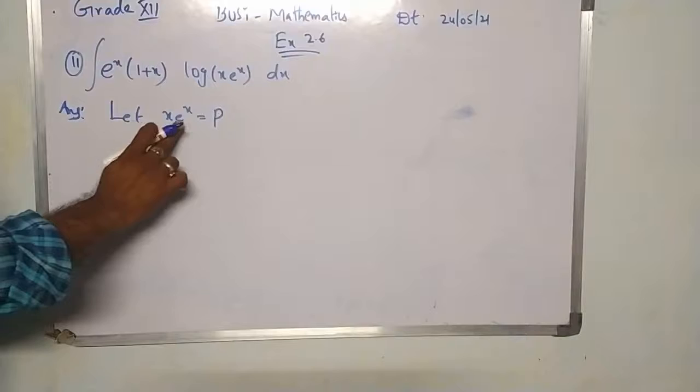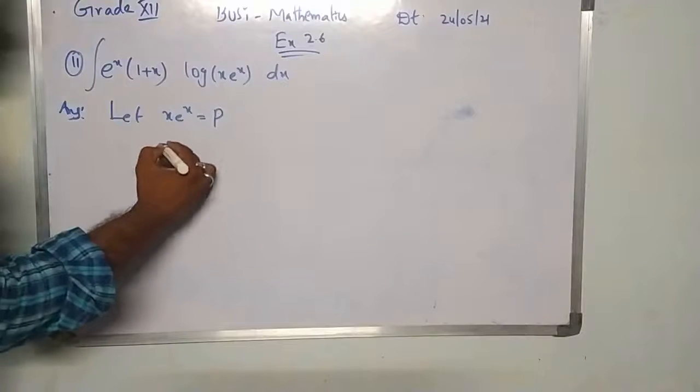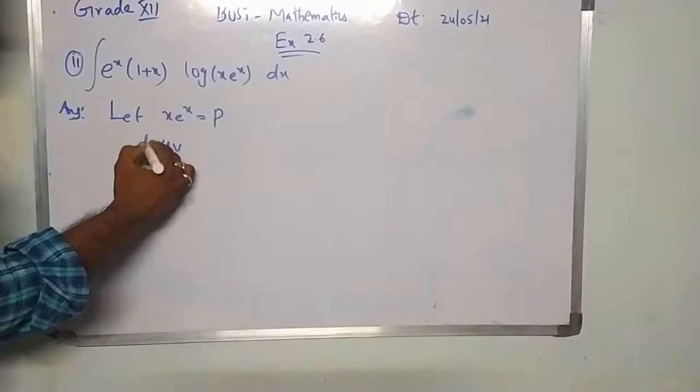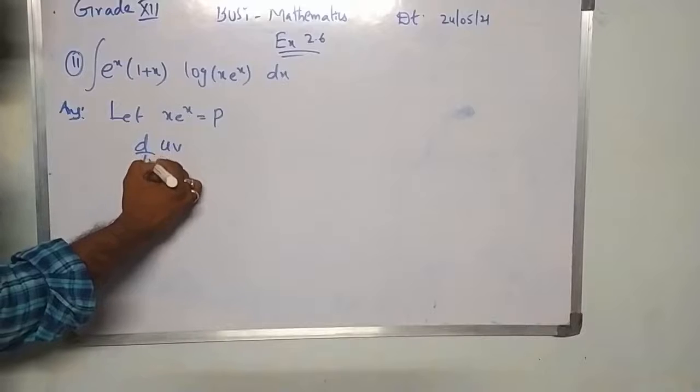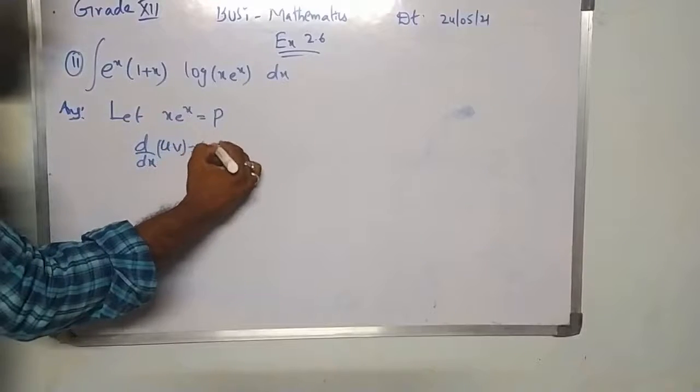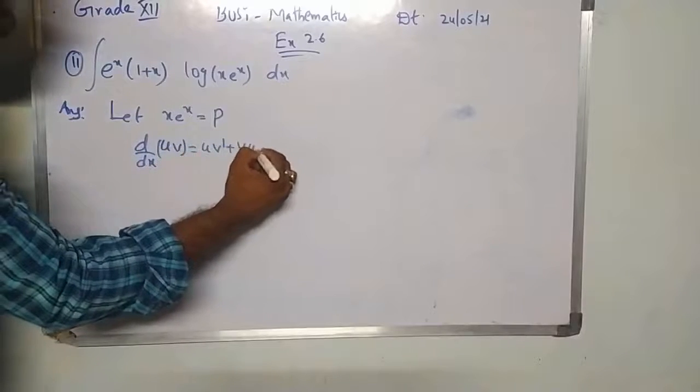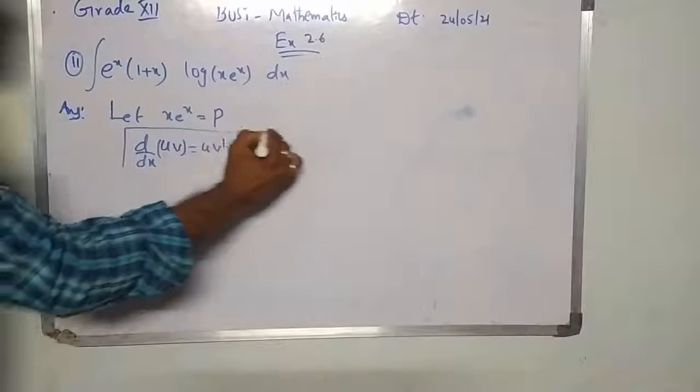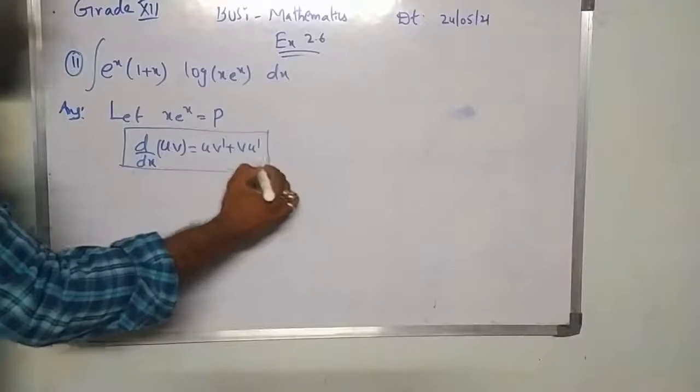Since it is a product rule, we know the product rule formula. What is the product rule formula? d by dx of uv can be written as u v dash plus v u dash. We need to use this formula here.